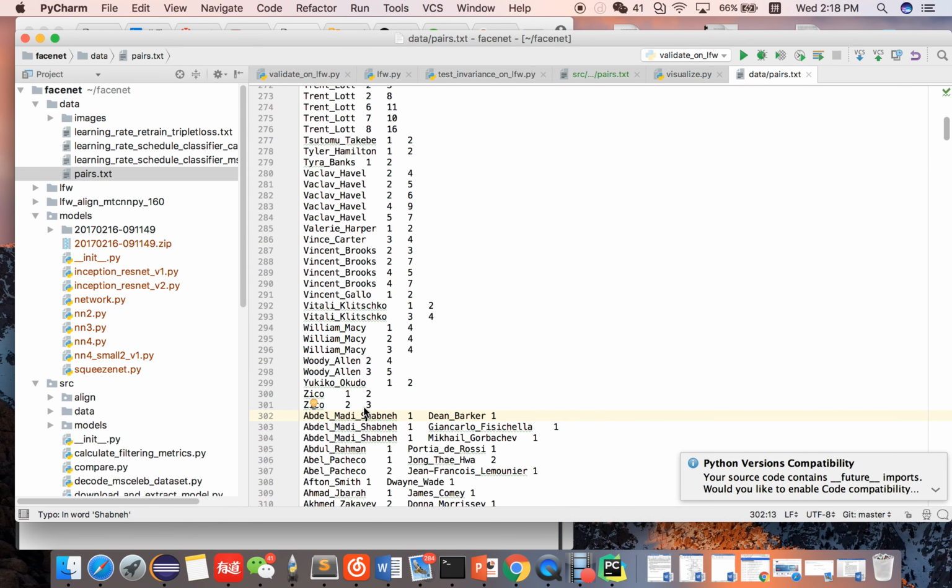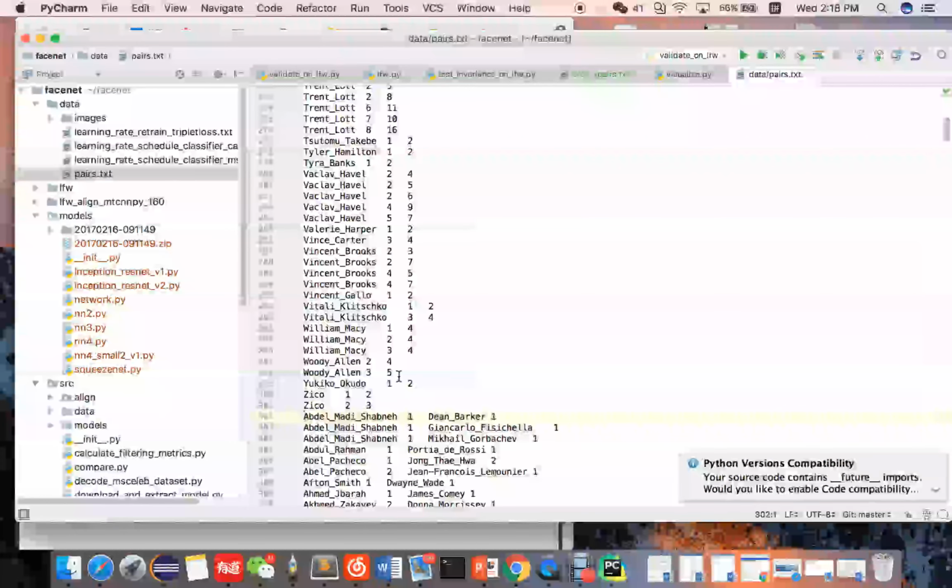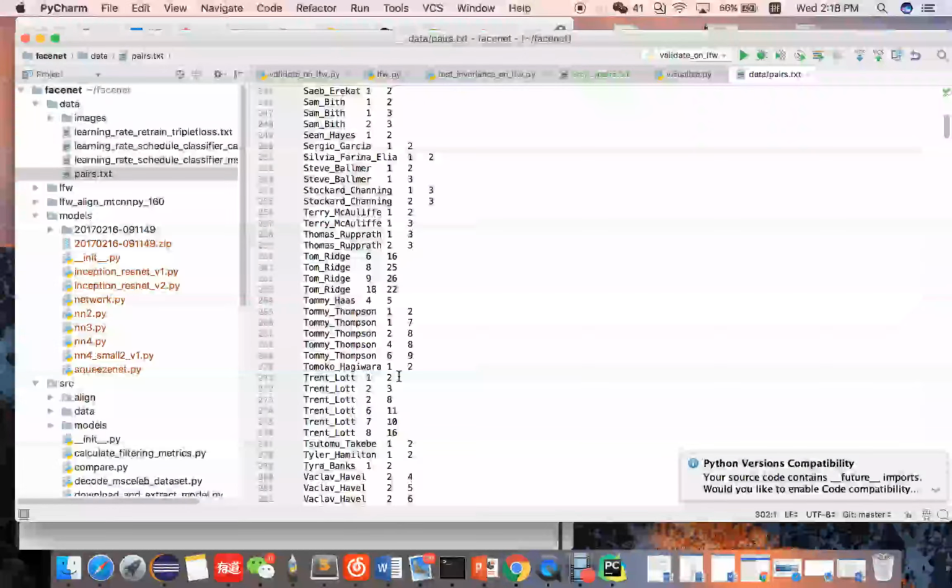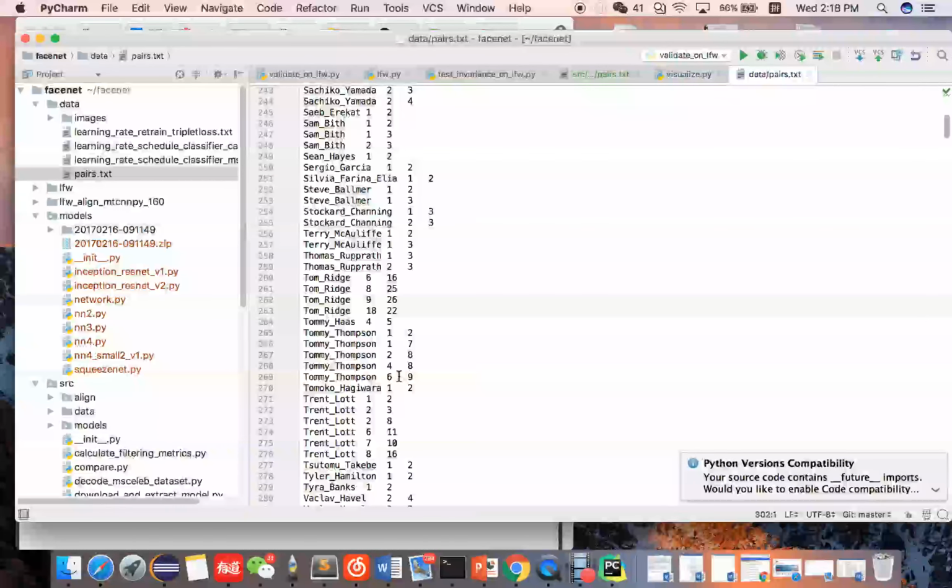It means that the algorithm recognizes the images of these two persons as the same person, which means it's wrong. The function of the validate.py algorithm is to calculate the validation rate and the error rate based on the dataset.